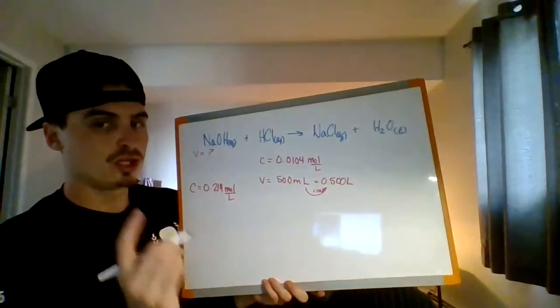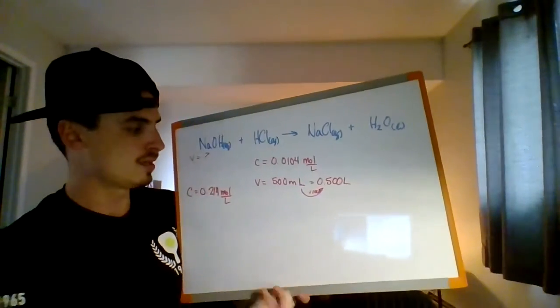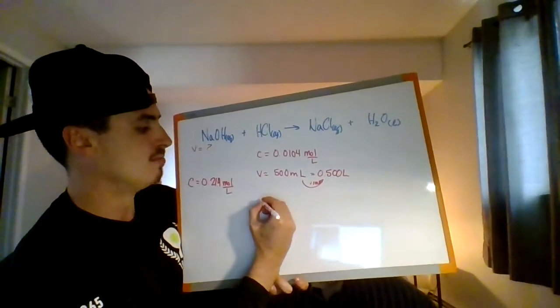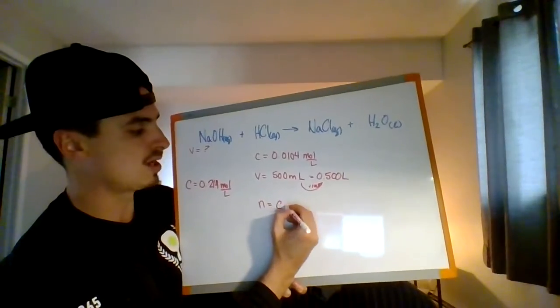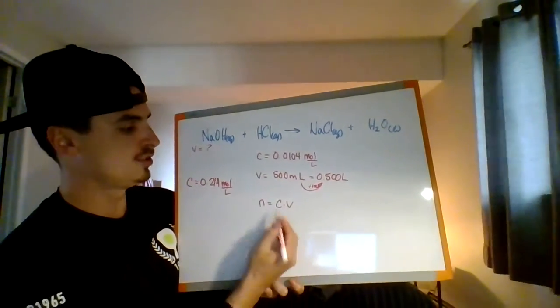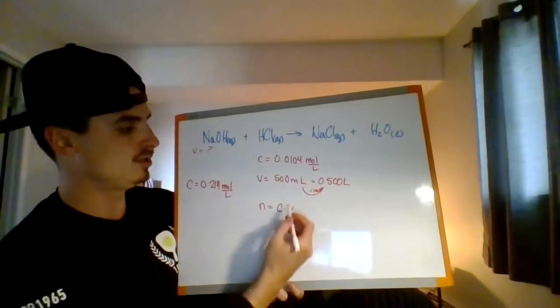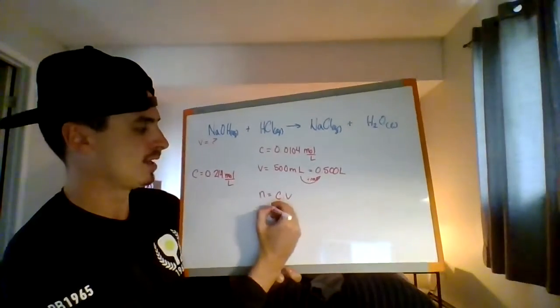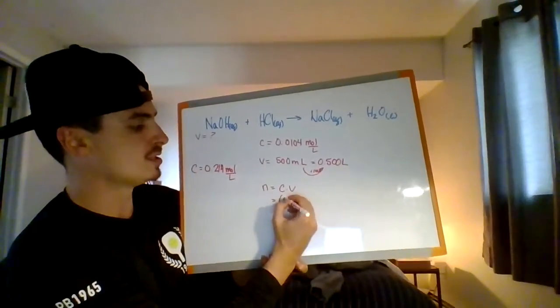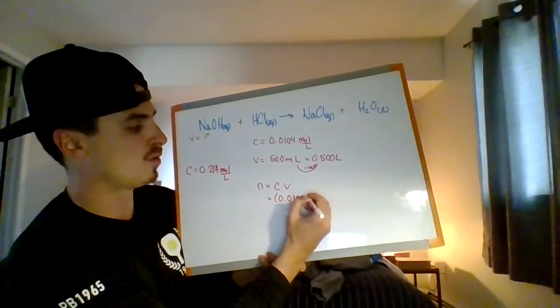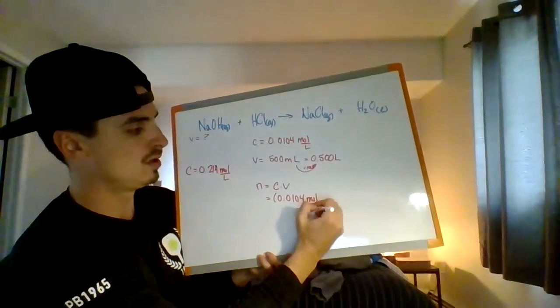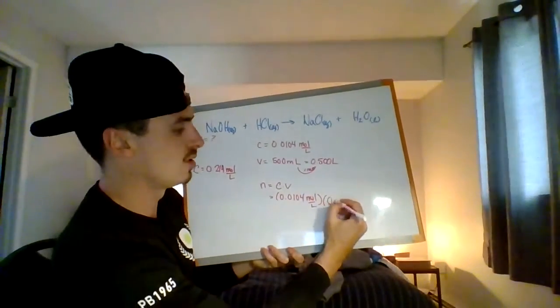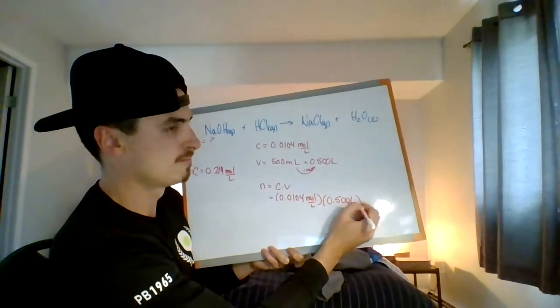Well, if you think back to solutions, you'll remember that moles is equal to concentration times volume. Do I have the concentration? Yeah. Do I have the volume? Yeah. Concentration, 0.0104 moles per liter, and the volume, 0.500 liters.